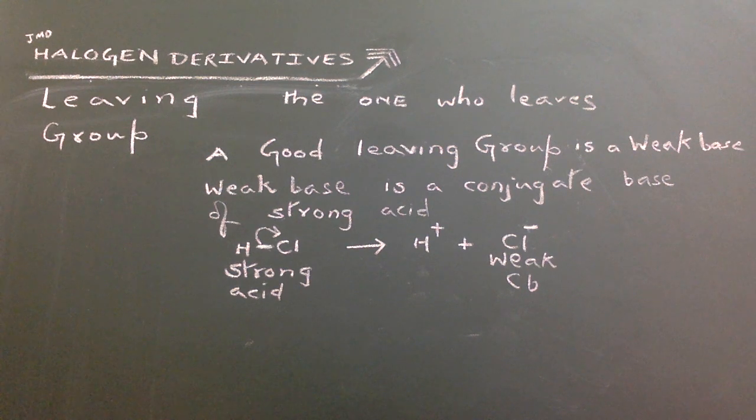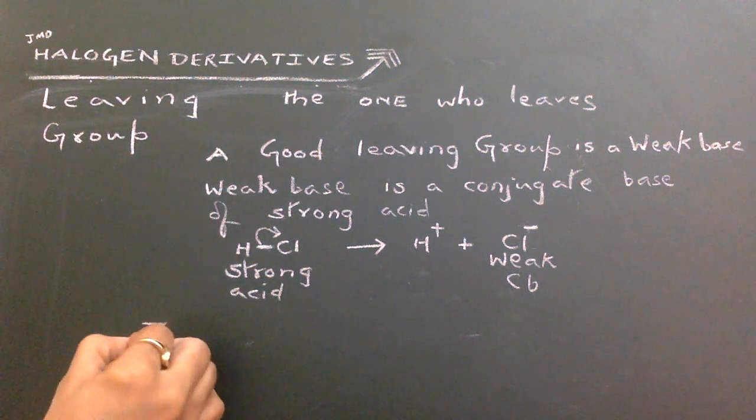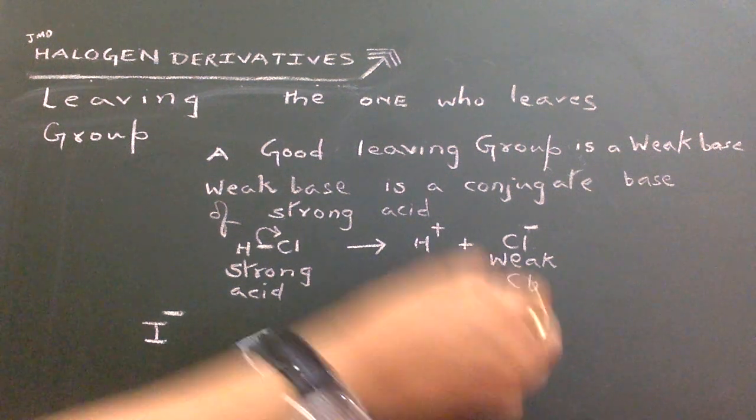This is what I mean by saying that a good leaving group is a weak base, that is, the base which is the conjugate base of a strong acid. Say for example, students, we take I minus and Cl minus.